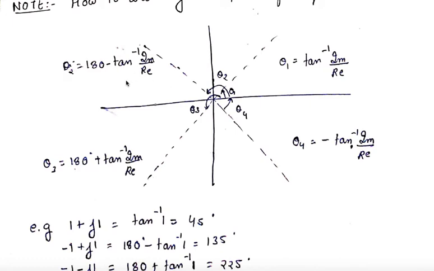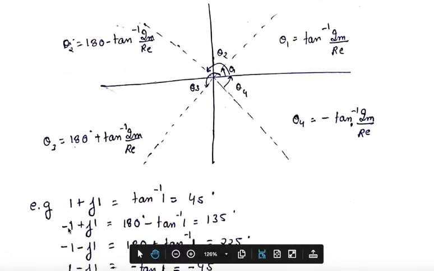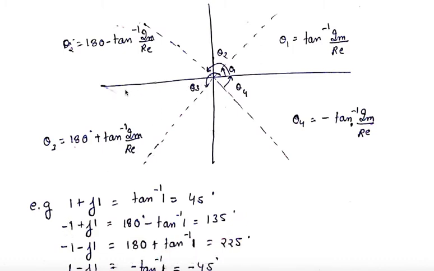Now in the second quadrant, see the second example, it is minus 1 plus j1. So real axis is minus, so minus means this part, and j imaginary axis is positive. So our complex number is lying in this quadrant. So in this quadrant what is the value of phase? Phase is 180 degrees minus tan inverse imaginary by real.